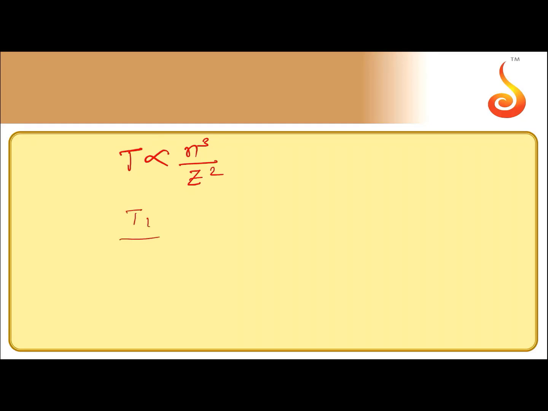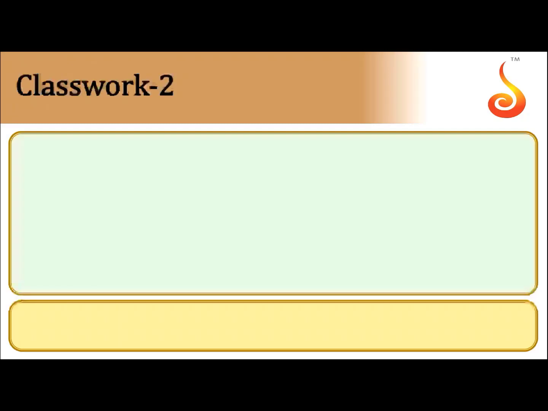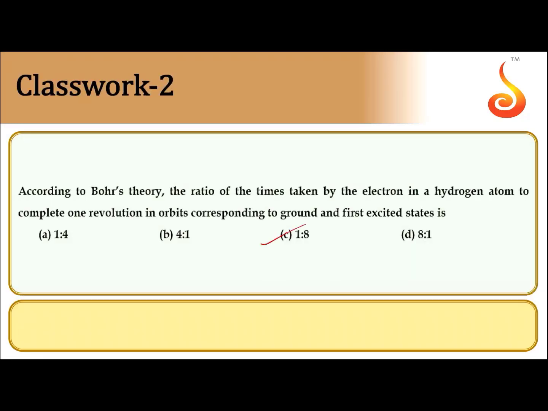So, you can write T1 divided by T2 is equal to N1 by N2 cube, and this corresponds to the same value of Z because it is still a hydrogen atom in both the cases. So, this is 1 by 2 cube, or 1 by 8. 1:8 is our correct choice. C is the option.